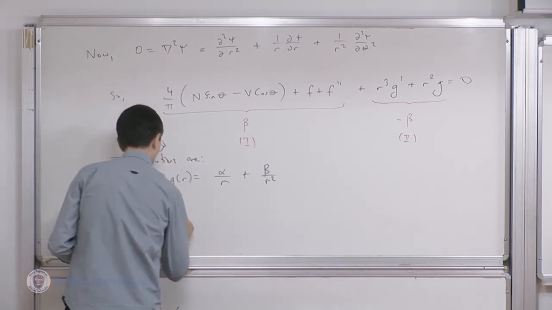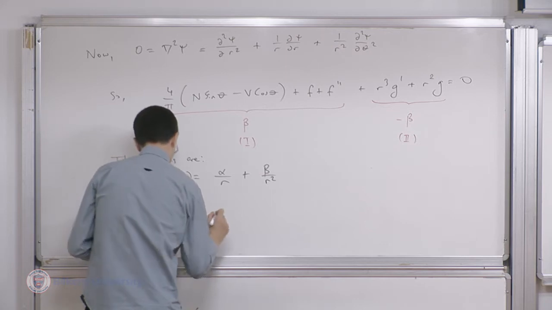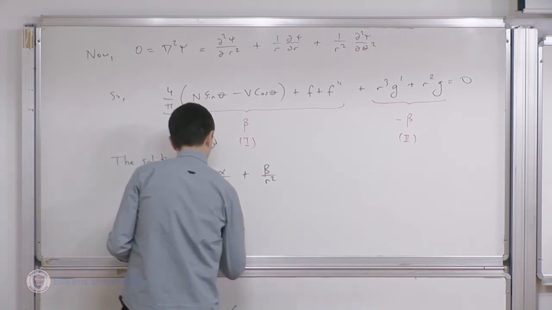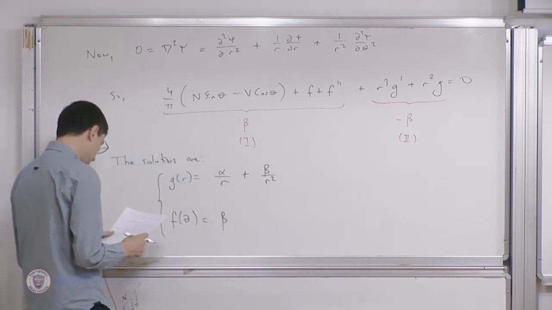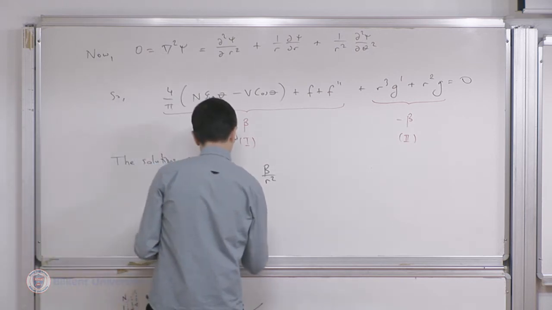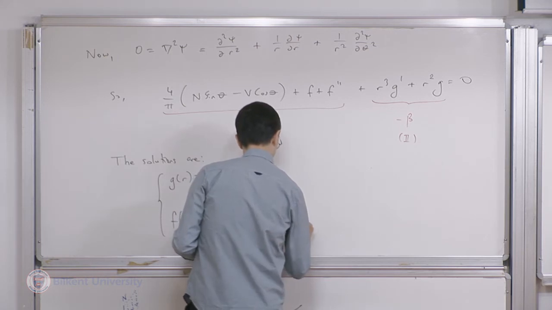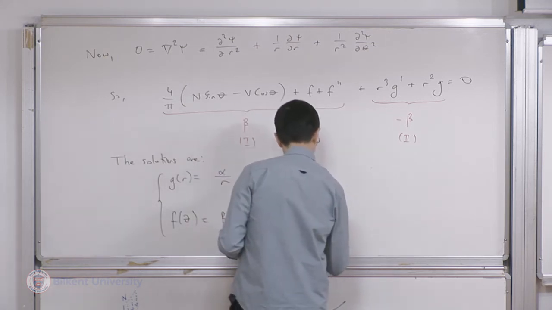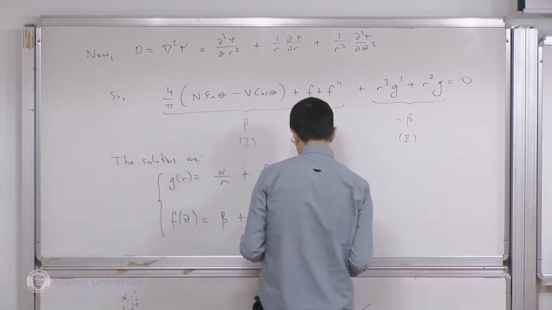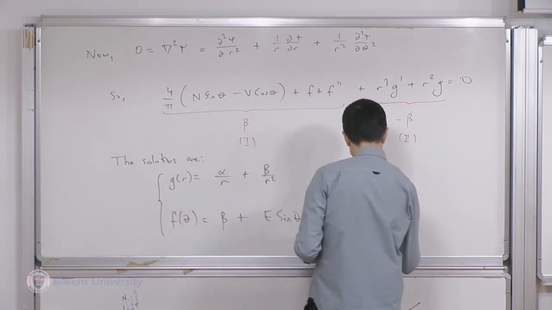And we also have f. f has beta in it, plus some other terms, and those terms include 2 free additional constants.